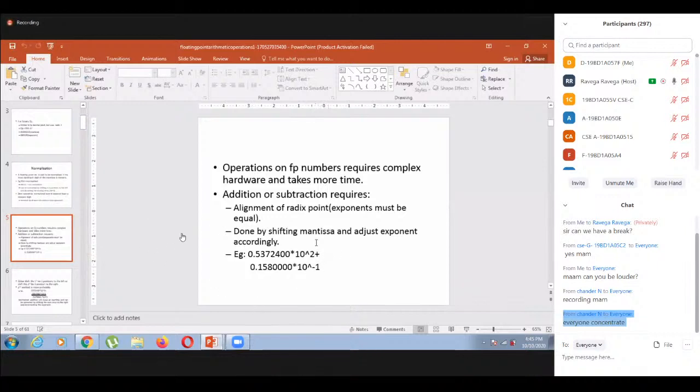So how do we make the exponent values equal? Here the first value is 0.5372400 times 10 to the power of 2. What is the difference between the two exponent values? The first is 10 to the power of 2 and the second is 10 to the power of minus 1, so the difference is 3. The first number can be shifted left.